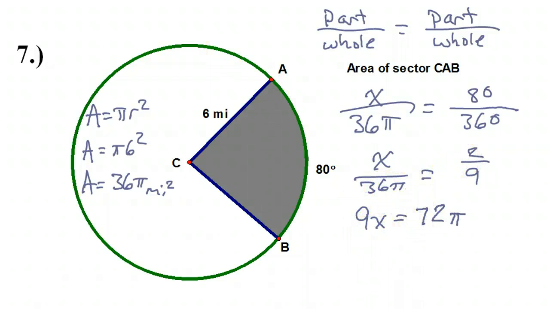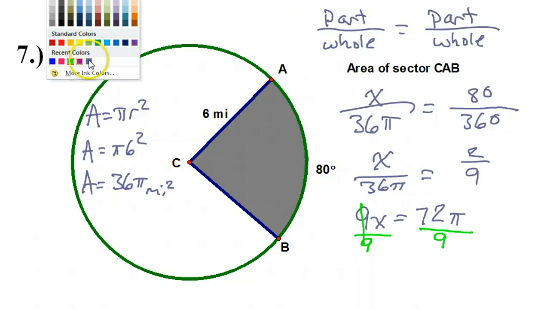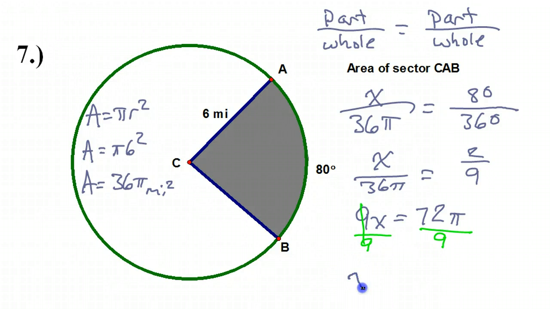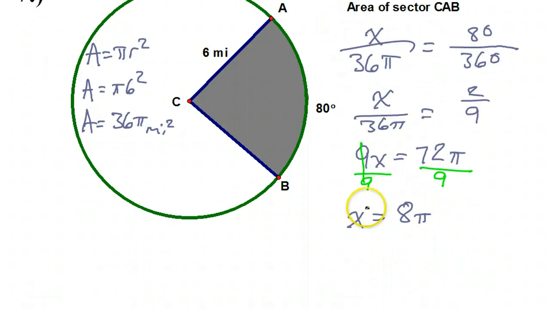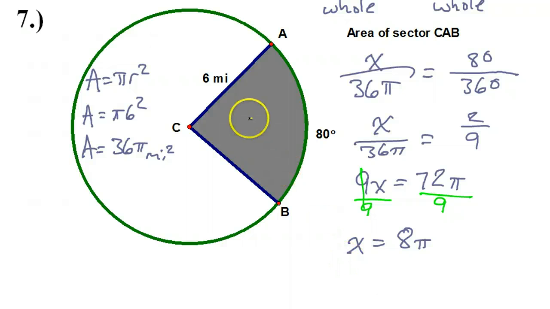So now it's time to divide both sides by 9 to get x by itself. 9 goes into 72 8 times, so this is going to be 8 pi. So that is the answer. That is the sector area is 8 pi square miles.